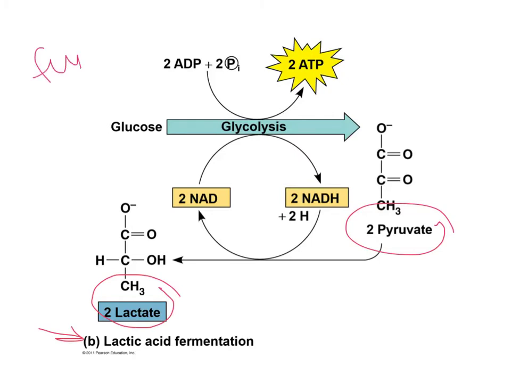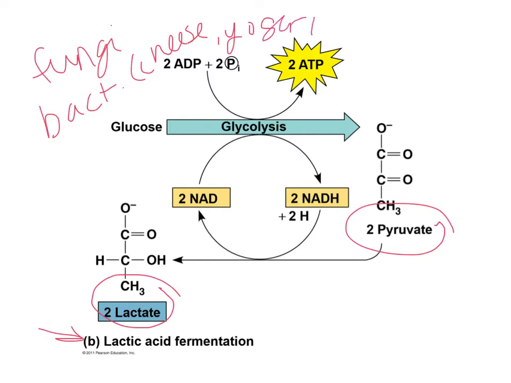This is done by some fungi and bacteria, in particular bacteria that would help make cheese and yogurt, dairy products. And human muscle cells also do this. When there's not enough oxygen present, that's what our muscle cells flip over and will start doing, is they'll do lactic acid fermentation, which you notice has a significant decrease in the amount of ATP available.